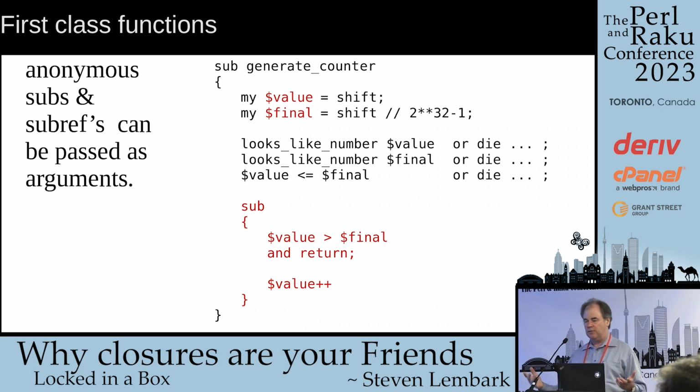So I generate a counter. I got this function here. You'll see it takes two values in. The second one is big enough that we'll call it infinity for now. It sanity checks things, and then it returns a subroutine. That subroutine has its own private value for the value and final. Each of those values is reinstantiated every time I create this subroutine.